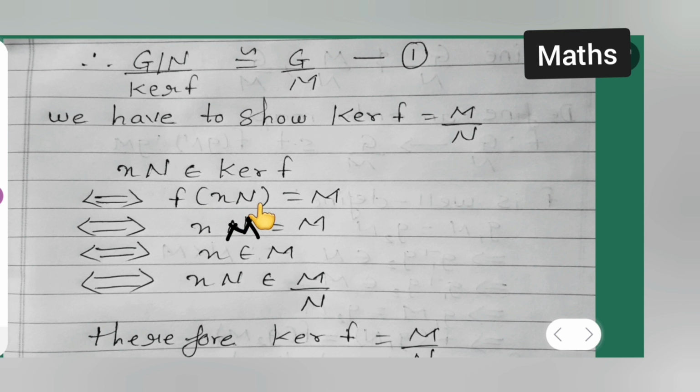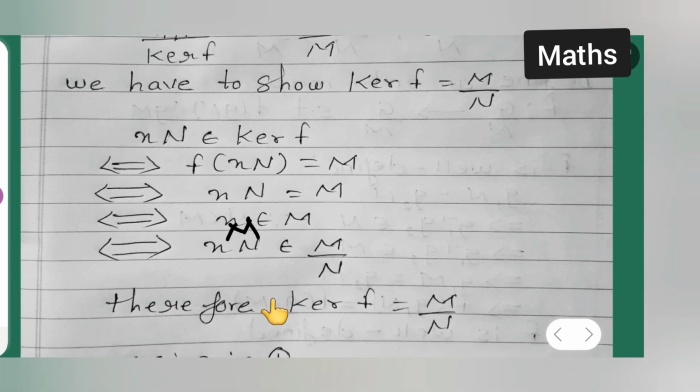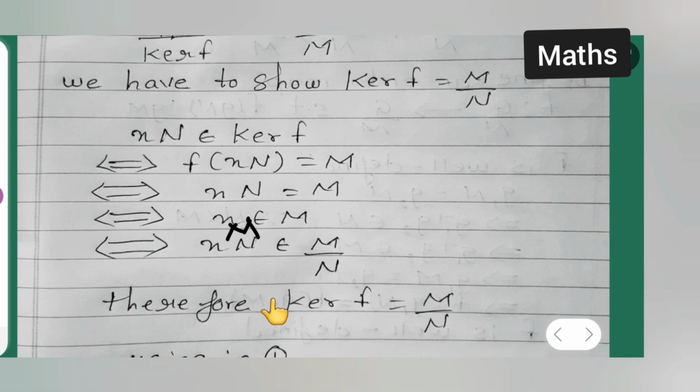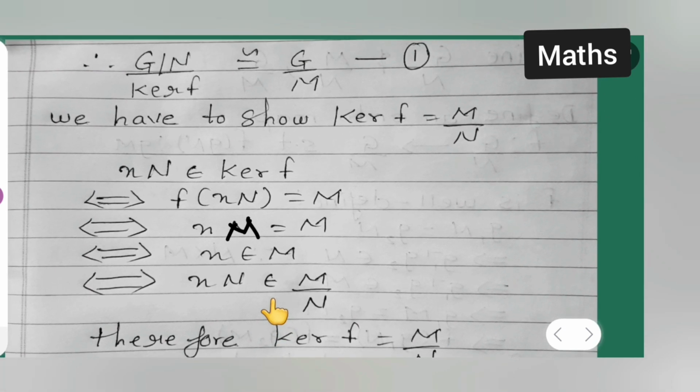This implies that f(xN) is equal to M. Now xM is equal to M. This implies that x belongs to M. Now this implies that xN belongs to M/N. Therefore this xN, which belongs to kernel of f, belongs to M/N.